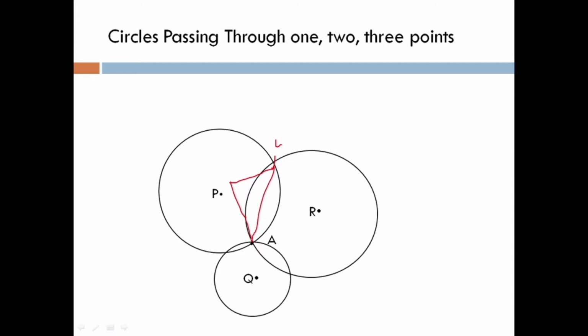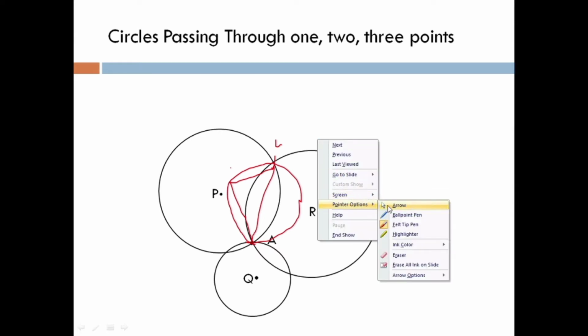Joining these 3 points, that is A, C and this new point, I get a circle here. Now again I take another point here, draw a triangle, and do the same procedure. In this way I can draw an infinite number of triangles and get an infinite number of circles. So this is how we can draw circles through 2 points.